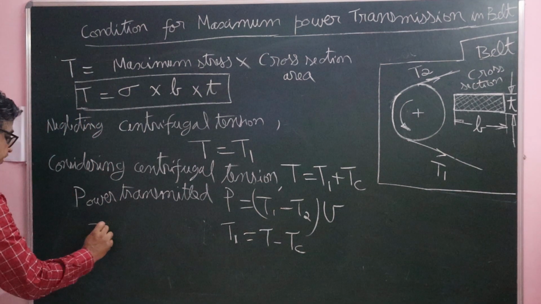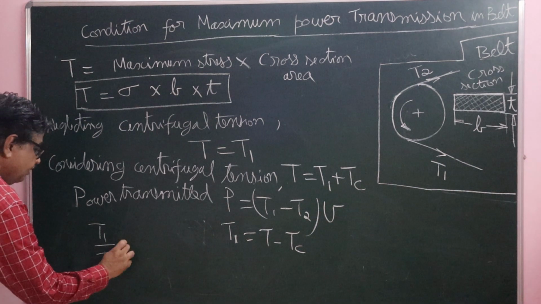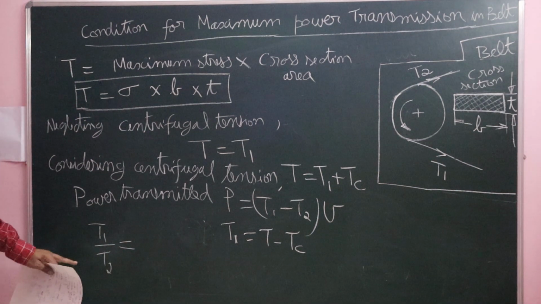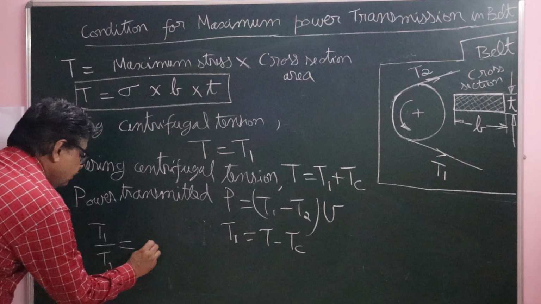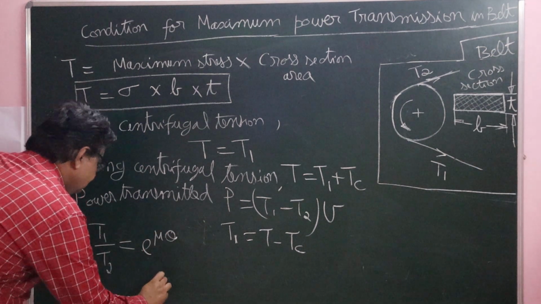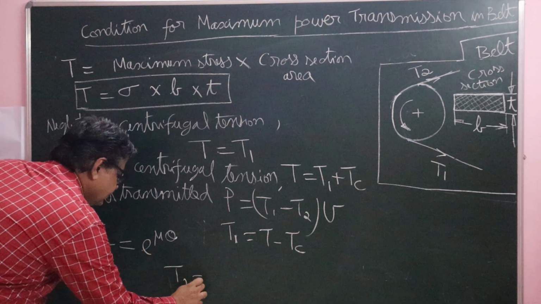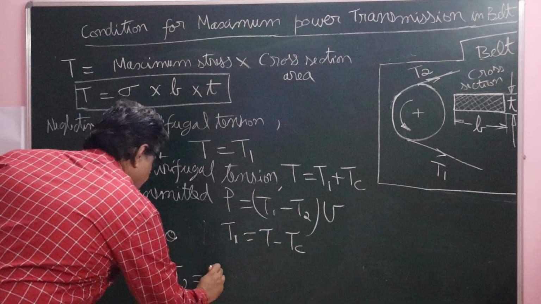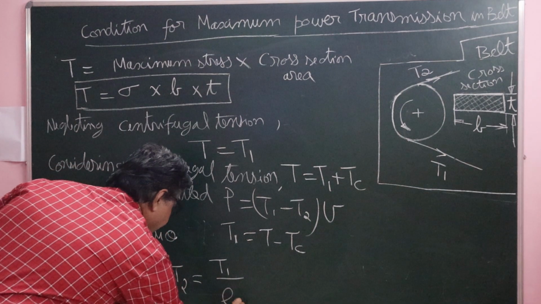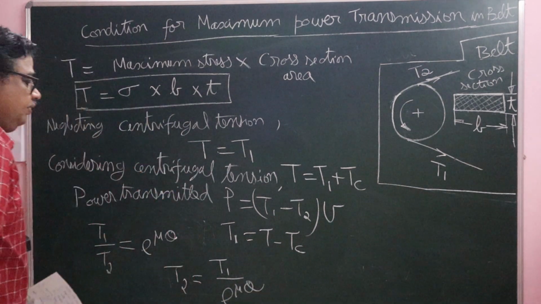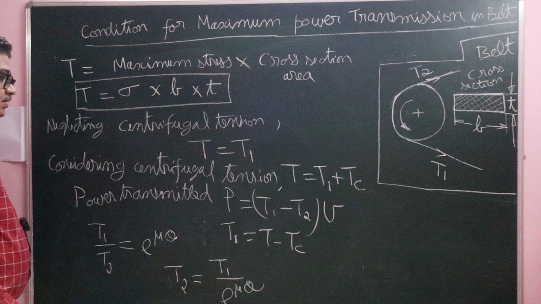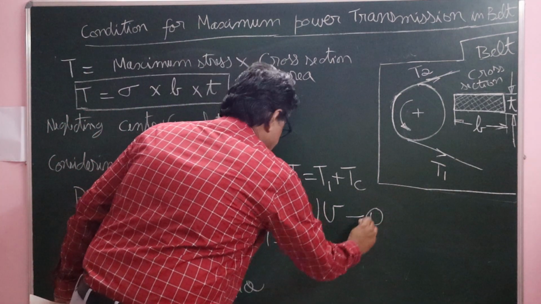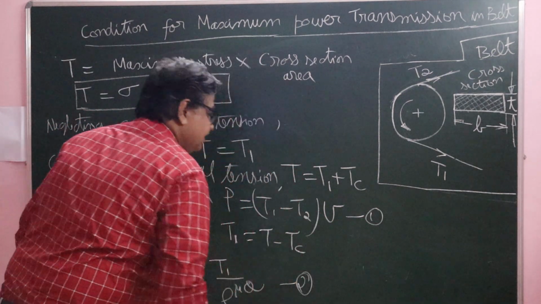We know that the ratio of the driving tensions T1 by T2 is equal to e power mu theta. So from this, T2 is equal to T1 divided by e power mu theta. Call this equation 1 and this equation 2.